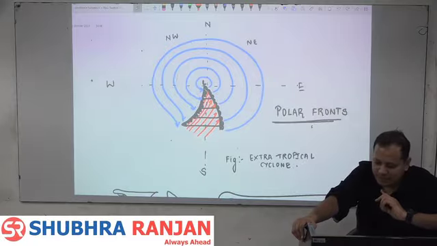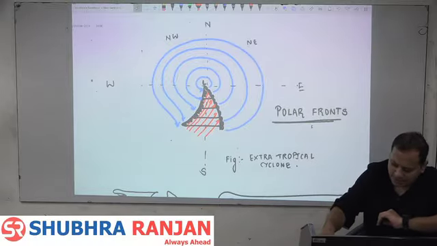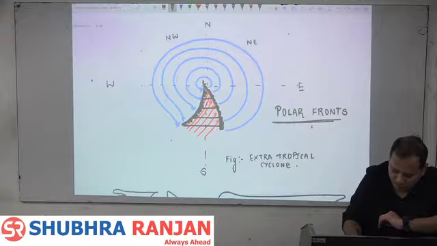The diameter of these cyclones may vary from 160 kilometers to 3,200 kilometers.